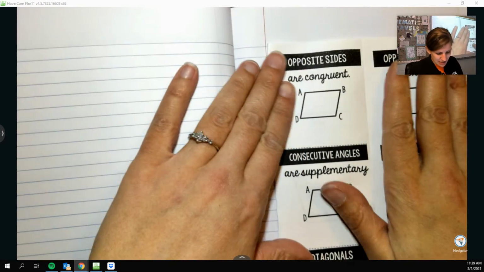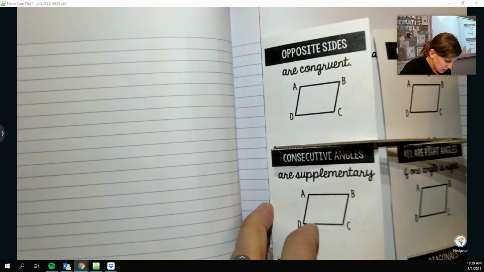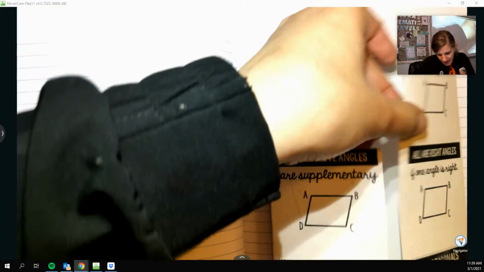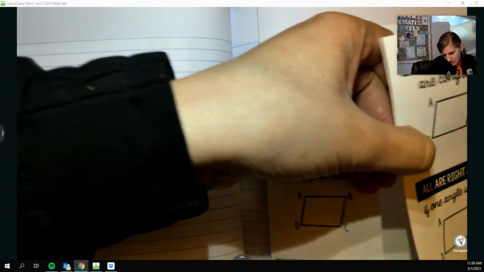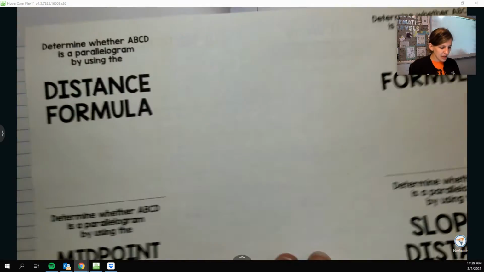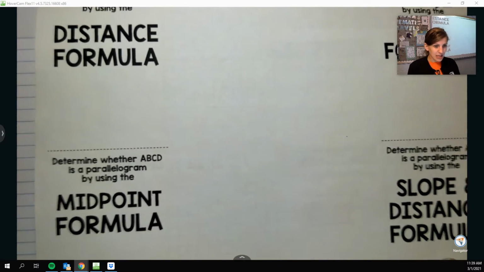This one can go on page 88. Actually, no, I lie. I'm going to put it on 89. It kind of doesn't matter, but I'm going to put it on 89. And then if you want, cut out 2 cute little doors on either side. There we go. The next one that we have says distance formula, slope formula, midpoint, slope and distance.